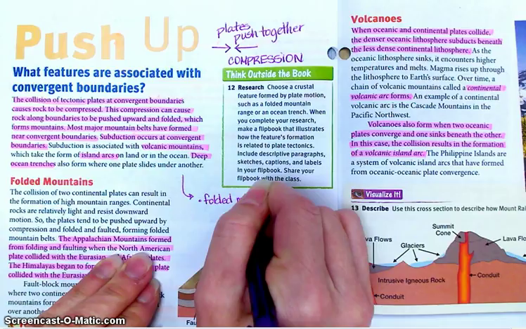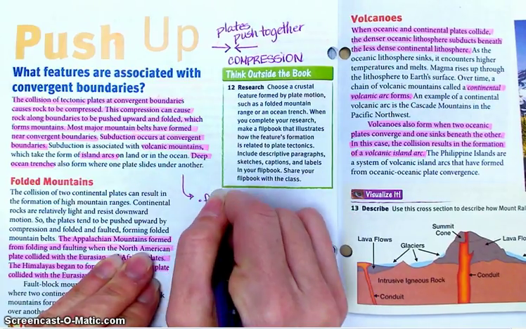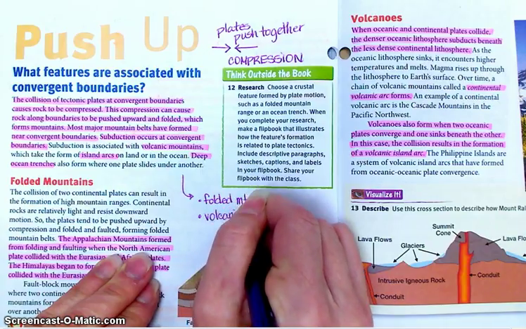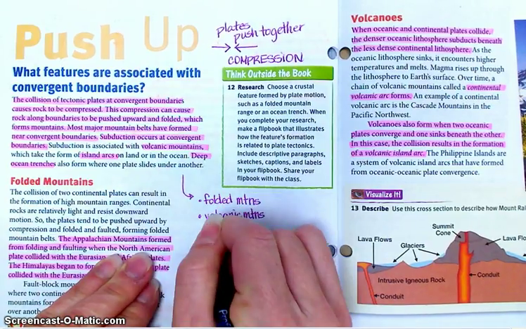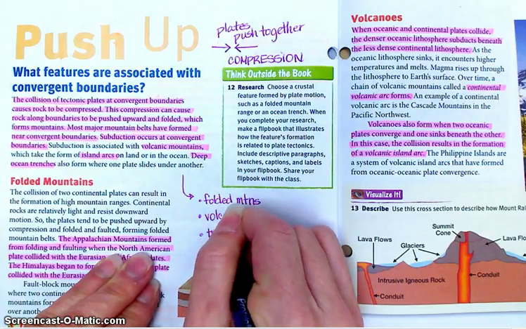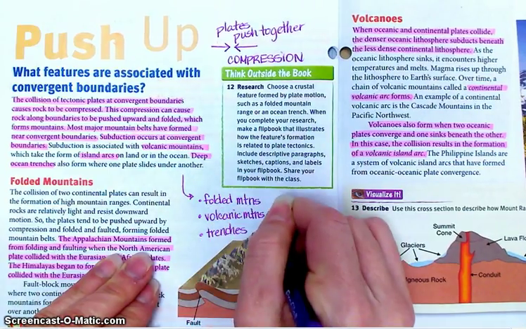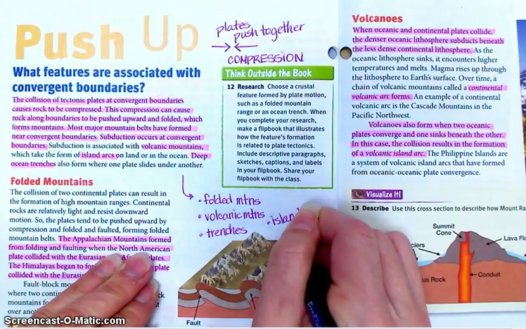I'm just going to put MT in folded mountains. Volcanic mountains. Trenches, deep ocean trenches, and island arcs.